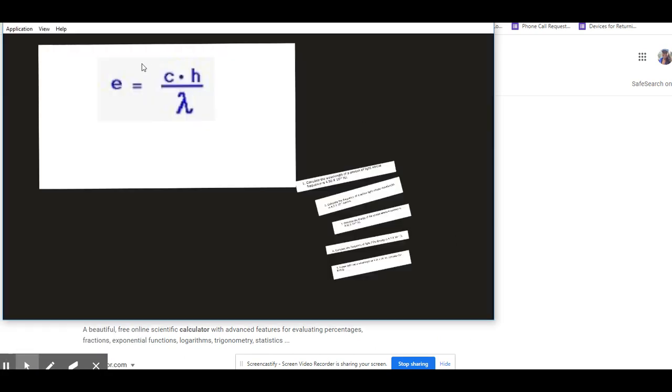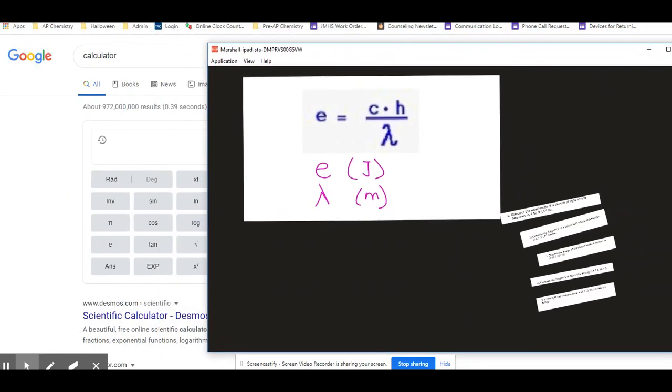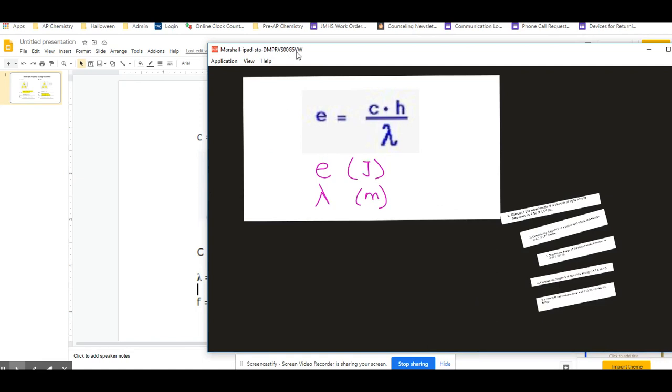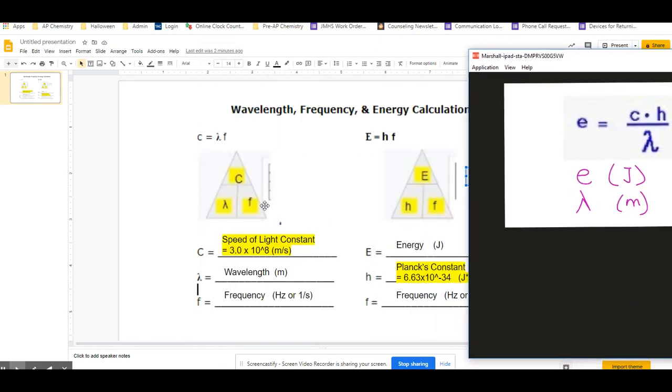Oh, I forgot to mention one other thing that you could possibly see. Sometimes you have the situation where you're given energy and you want to know wavelength, or you're given wavelength and you want to know energy. So the way that you're going to be handling this is you're going to be referring to the connection point, which was the fact that both of these things involve frequency.